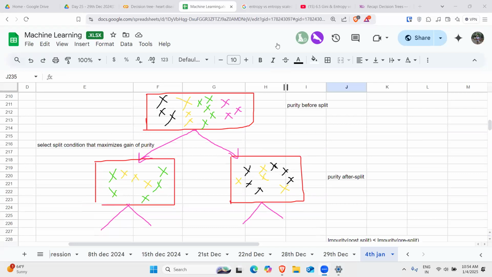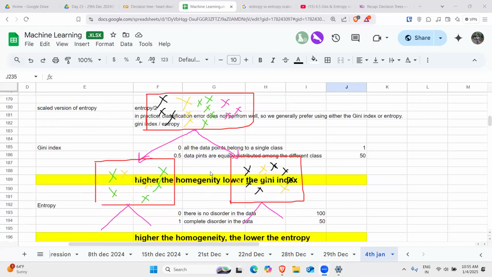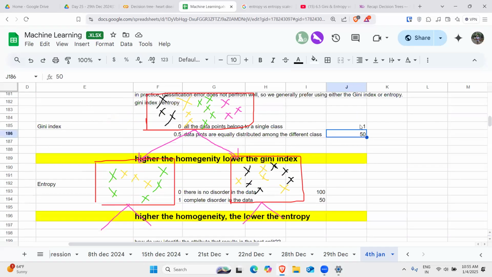Can the Gini index be greater than 0.5? It cannot be greater than 0.5, no? See, beyond this, do you have any misclassification? 50-50 is the maximum possible misclassification, yes or no?